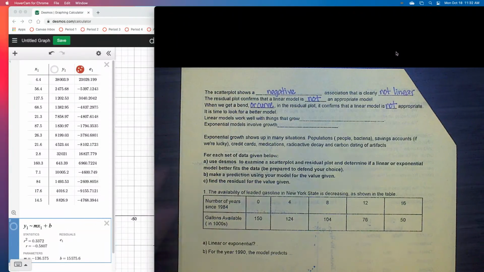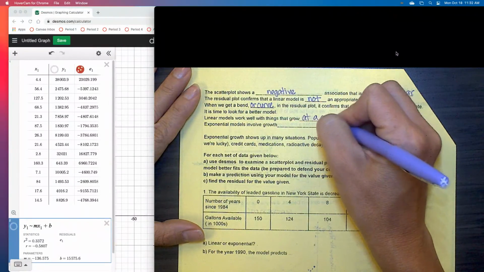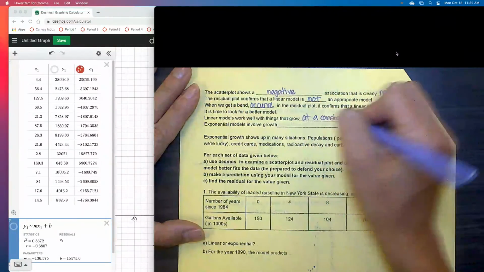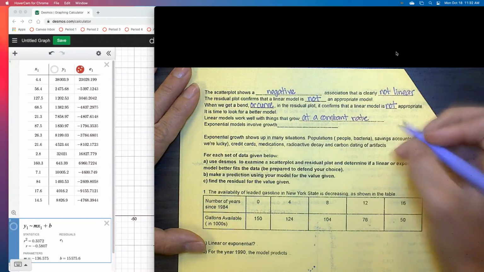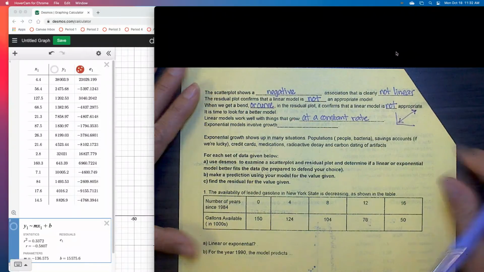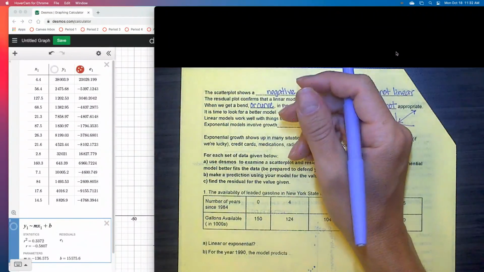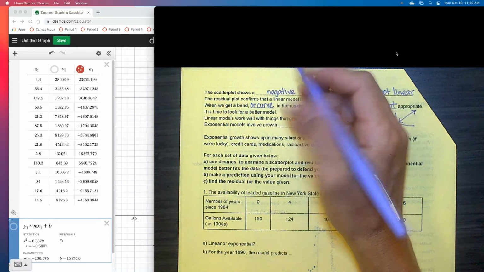Linear models work well with things that grow at a constant rate. That means things that grow in a straight line, right? Exponential models involve growth that accelerates.